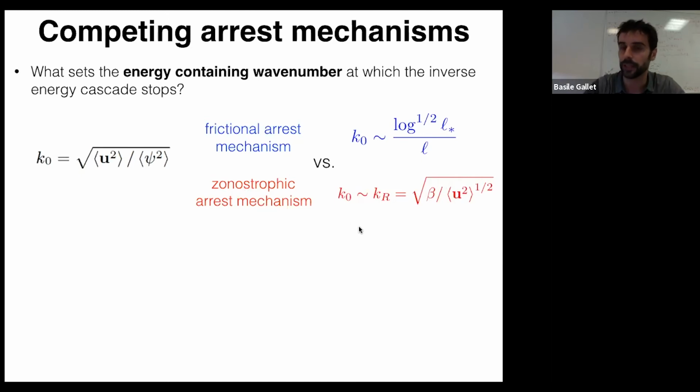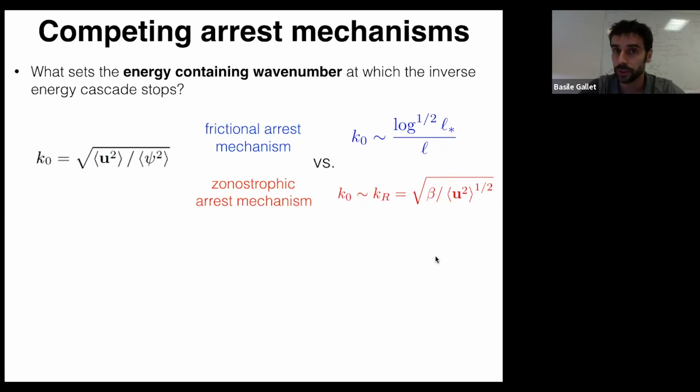If I start from beta equals 0, or a very low value of beta, the inverse cascade is arrested by the frictional mechanism. And the flow doesn't even reach the very large scales at which beta plays a role. So the flow will not feel beta. As I increase beta, the Rhines scale decreases until it becomes comparable to that frictional arrest scale. And that's when the flow is going to feel beta.